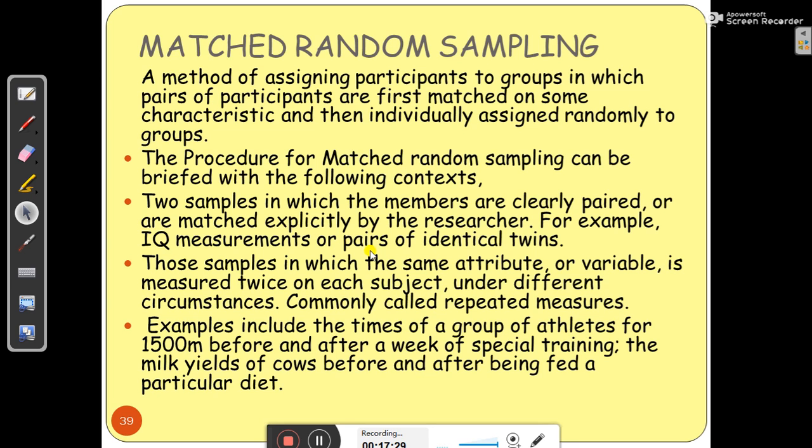So we will match the twins, but we will try to choose those randomly. That is the thing about matched random sampling, where we go random but try to match in scenarios where we need to match the inputs between two timelines, or between two different dataset tables, or measurement values of two different entities.